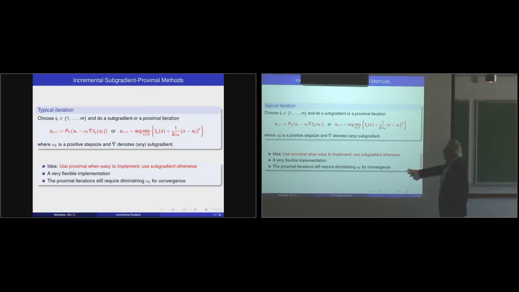So that's the idea. Use the proximal when it's easy to implement. Use the subgradient otherwise. It's a very flexible implementation. And notice that because of these ideas with far out and region of confusion I mentioned, you still require a diminishing step size for convergence, no matter how you implement this method.